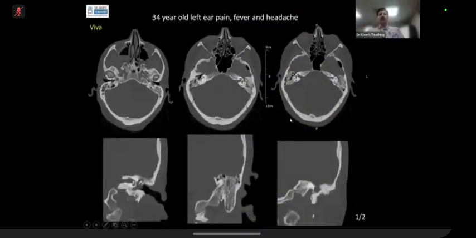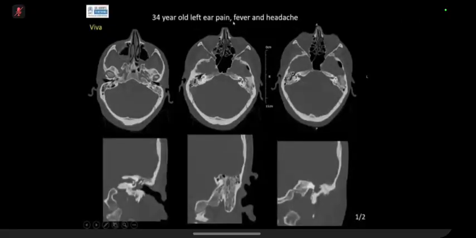Now, this, on the other hand, is a classical exam case. Because of time factor, I'm going to talk through a few findings, and then I will ask you, candidate 3. If you see here, clinically the patient had a lot of ear pain, fever, and headache.